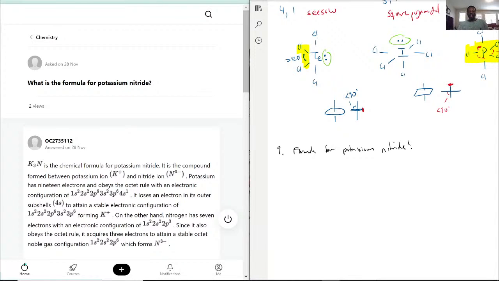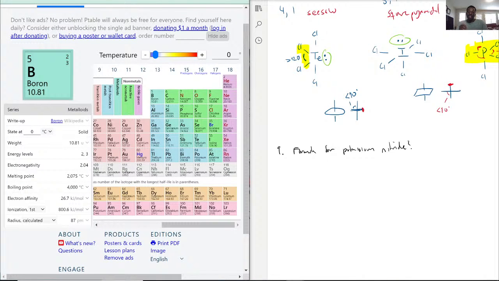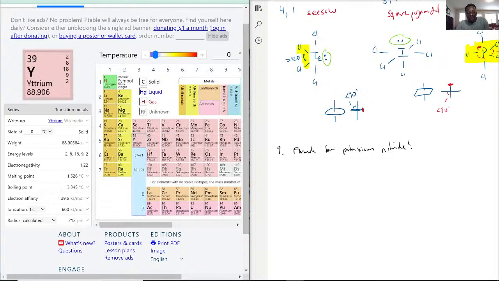Okay. So for this, we have to know what we're dealing with in regards to what they mean by nitride and potassium. Potassium is relatively straightforward because we just get it straight from its name. So that one would just be K. Nitride, though, is a little bit trickier.